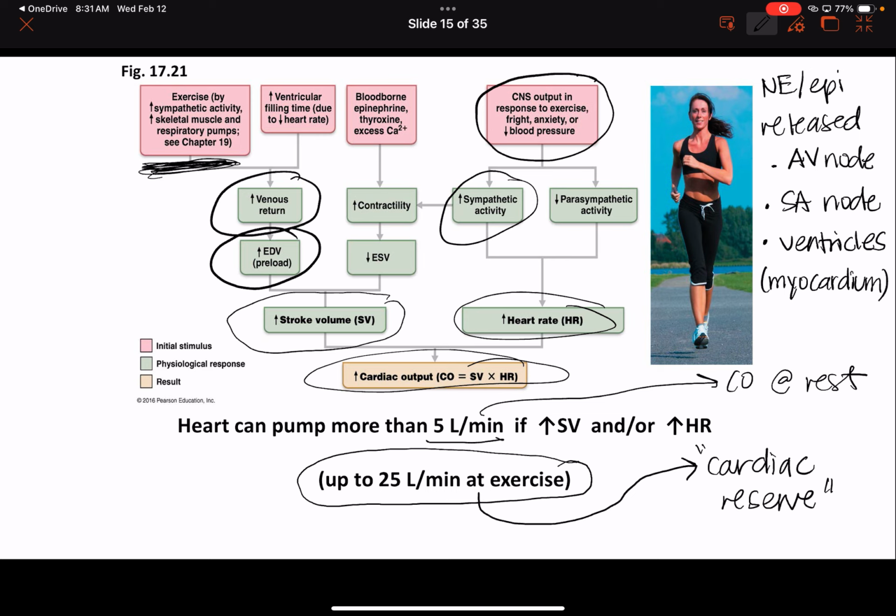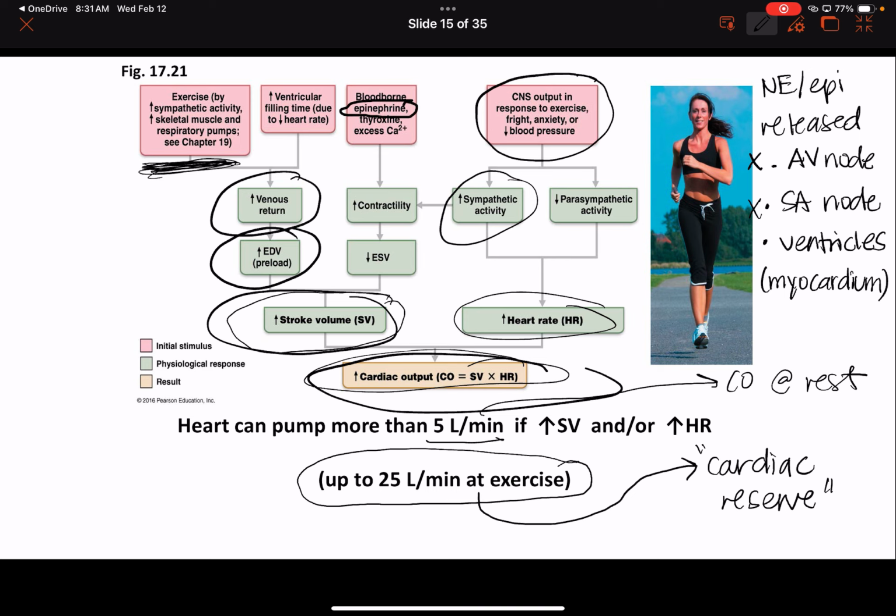And then also during fight or flight, we already talked about how epinephrine being released at the SA node and the AV node increases the timing and speeds up the heart. But also during that time, it's also going to release epinephrine at the ventricles, which is going to increase contractility. So what that means is it's going to make the ventricles push out that blood even more forcefully.